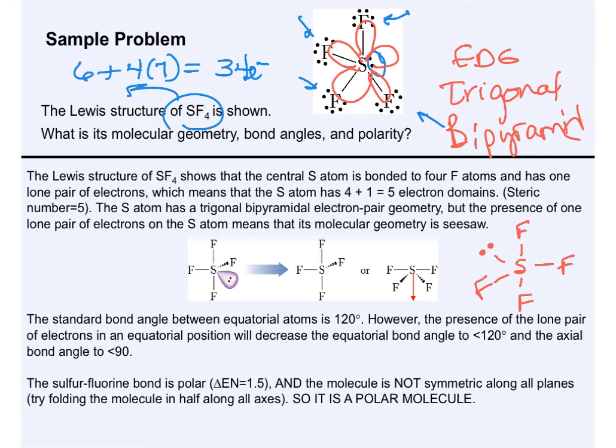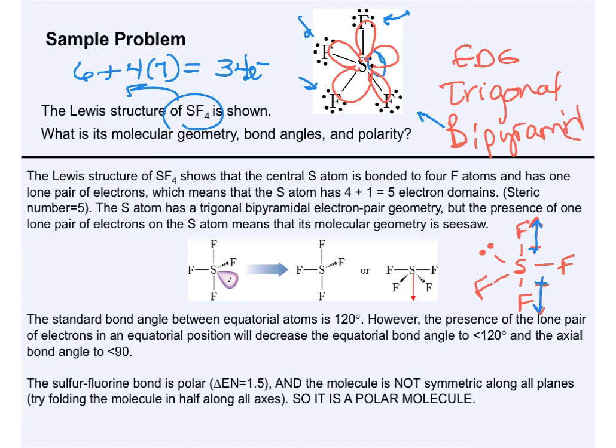Now, since the sulfur-fluorine bonds are polar, I'm going to go ahead and draw dipoles. Okay, remember the arrow points toward the more electronegative atom. So I'm hoping that just from this diagram you can see that these 2 dipoles I just drew completely cancel each other out, right?